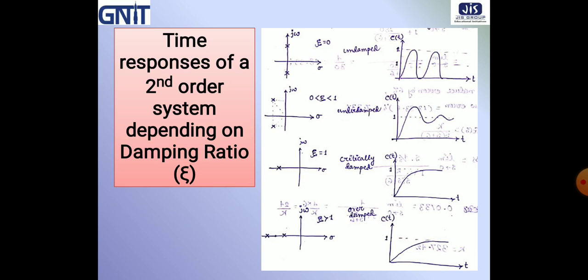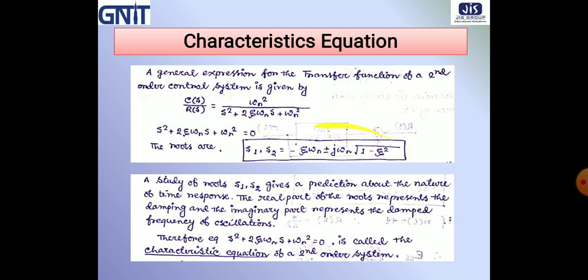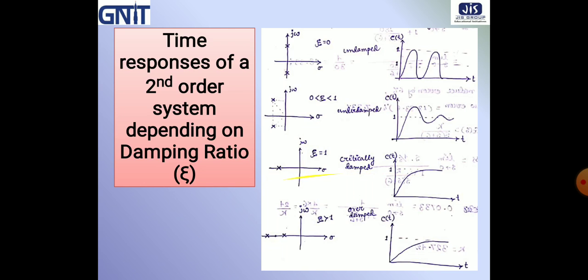Like this way, if we want to take the underdamped case, that means zeta will be between 0 and 1, then we can find S1, S2 like this: complex conjugate poles with negative real axis.